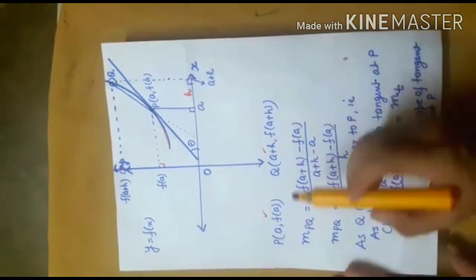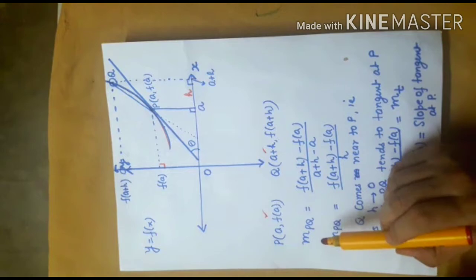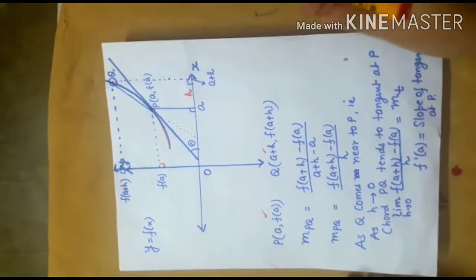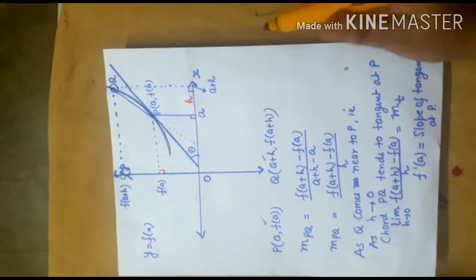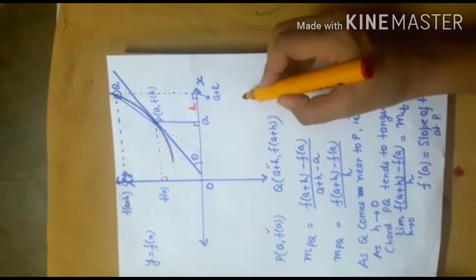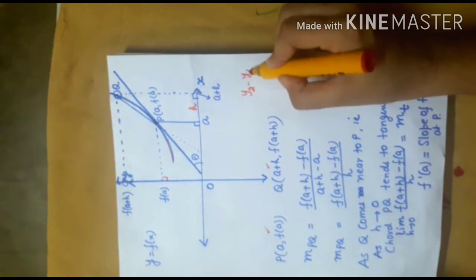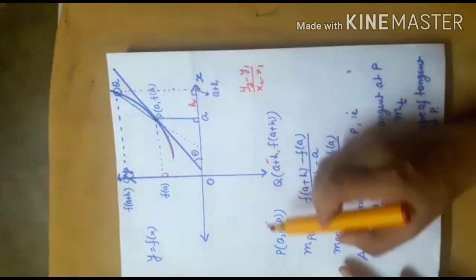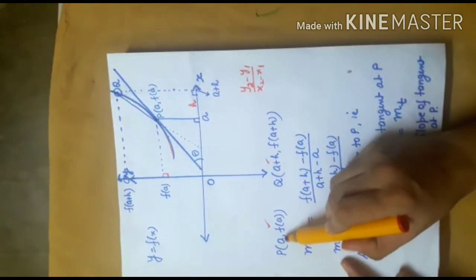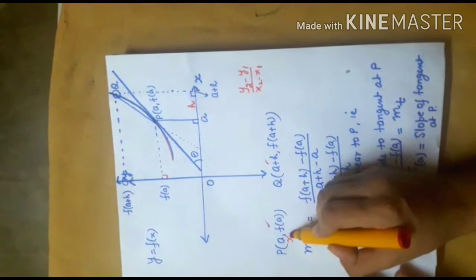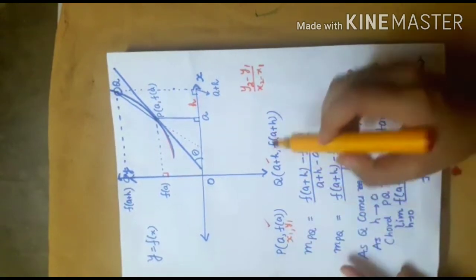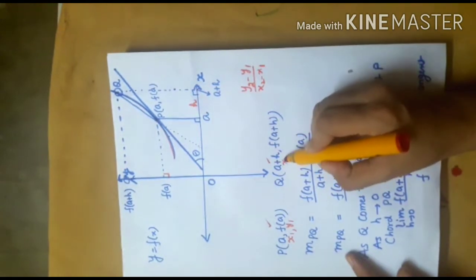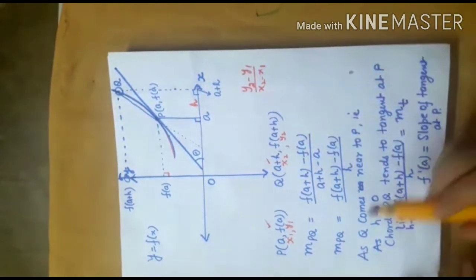Now, if I ask you to find the slope of the line PQ, yes, we know that when 2 points on the line are given, then slope is given by (y2 minus y1) over (x2 minus x1). Now, coordinates of the point P are (a, f(a)). This is x1, y1. And coordinates of Q are (a+h, f(a+h)). This is x2, y2.